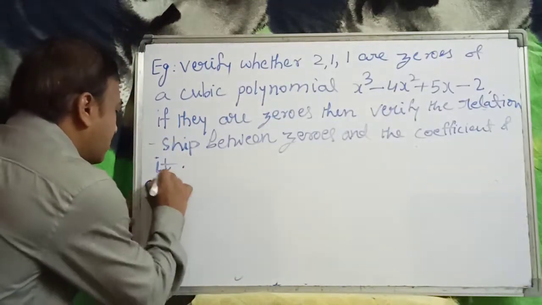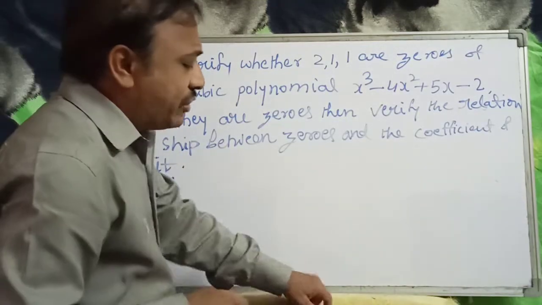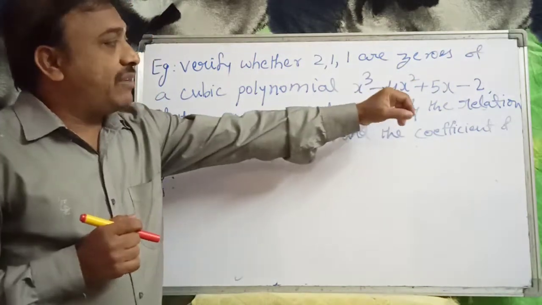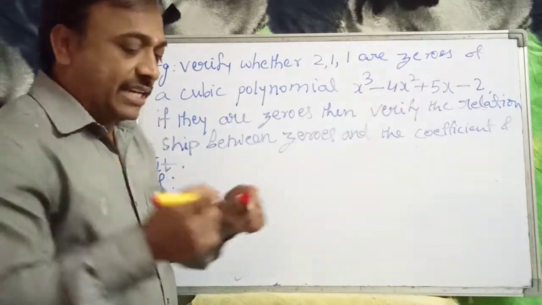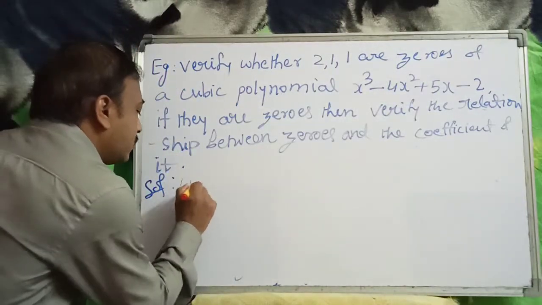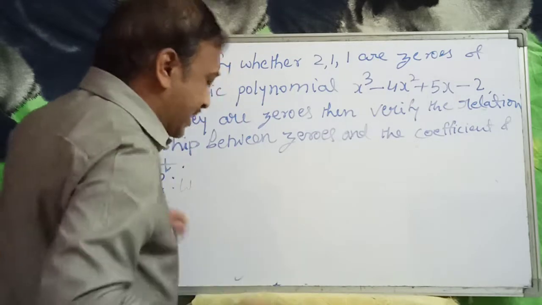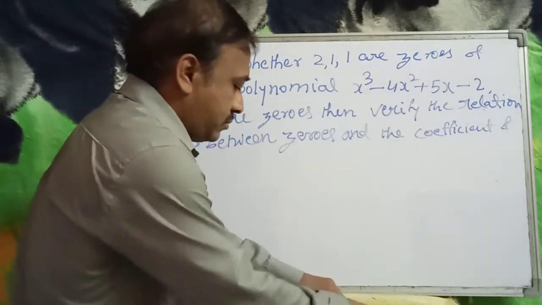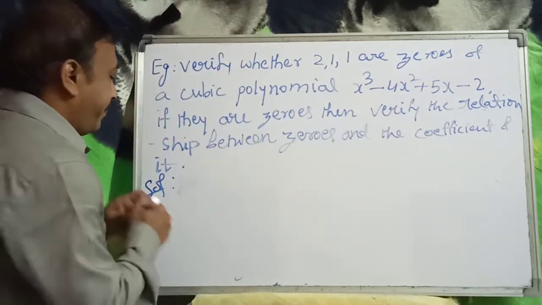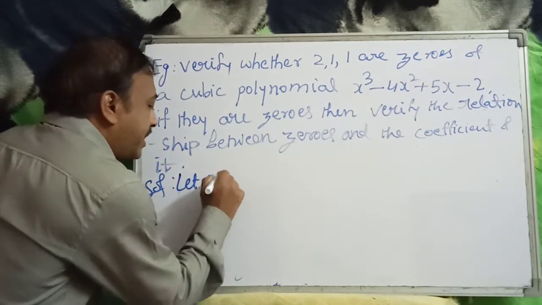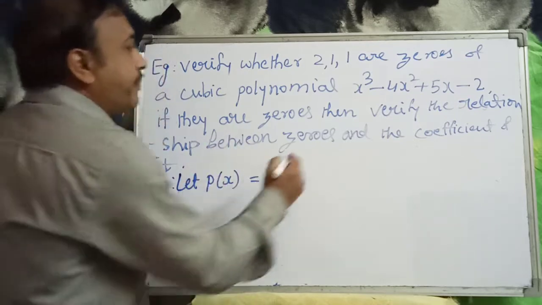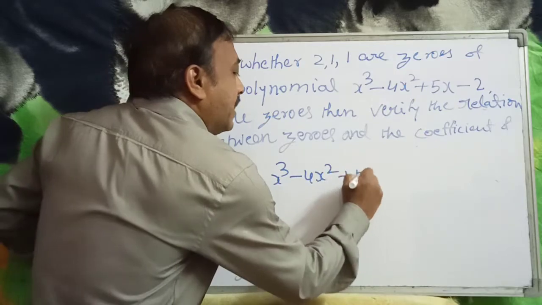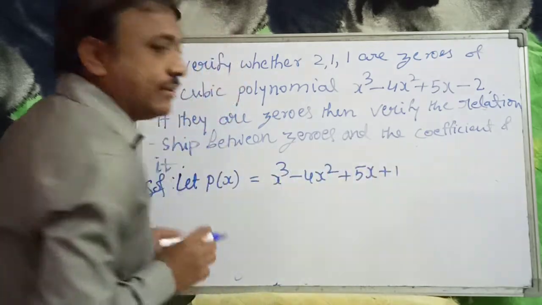So here, let the given cubic polynomial be p of x. So p of x is equal to x cube minus 4x square plus 5x plus 1.